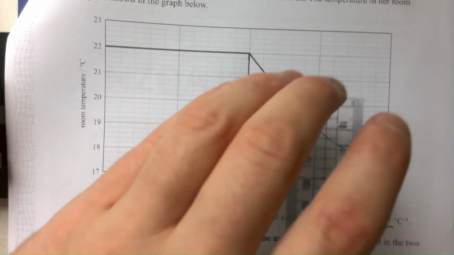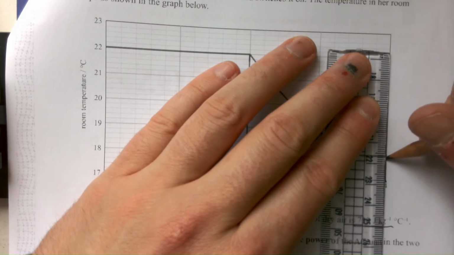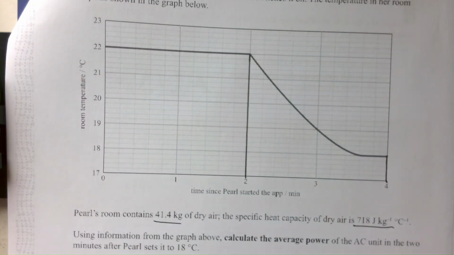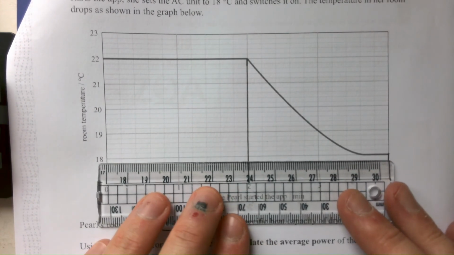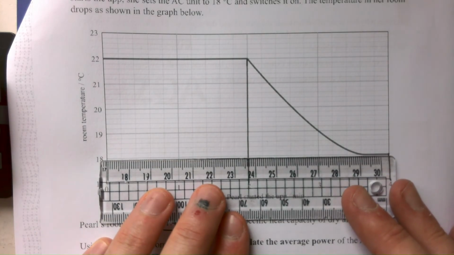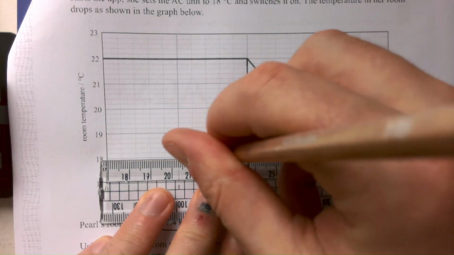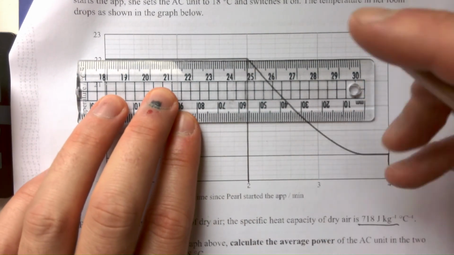And then same again for 4 minutes. Wherever your lines upwards reach the actual graph line, draw a horizontal line across, only just long enough to reach. And then we'll do the same thing here.